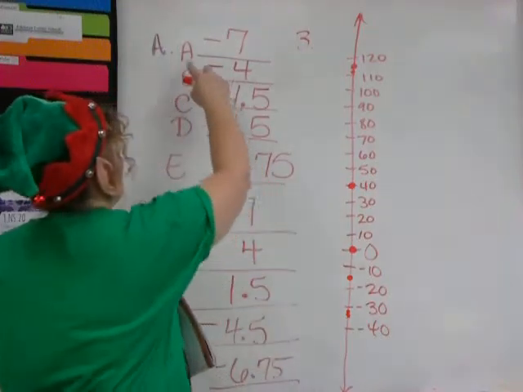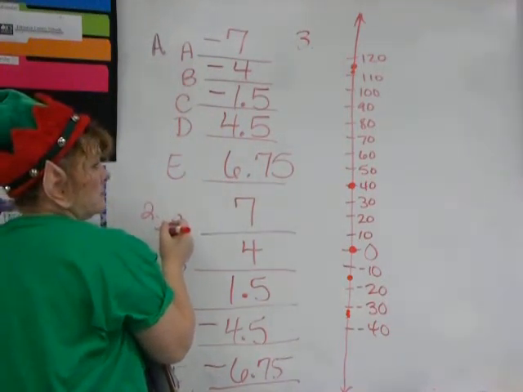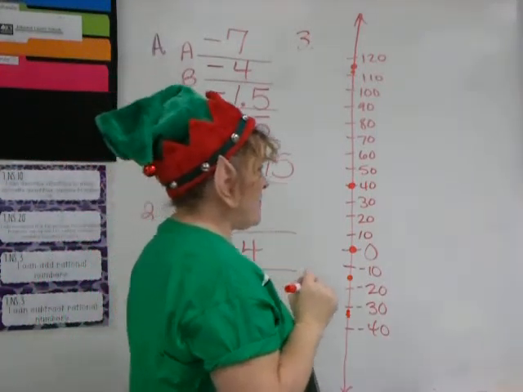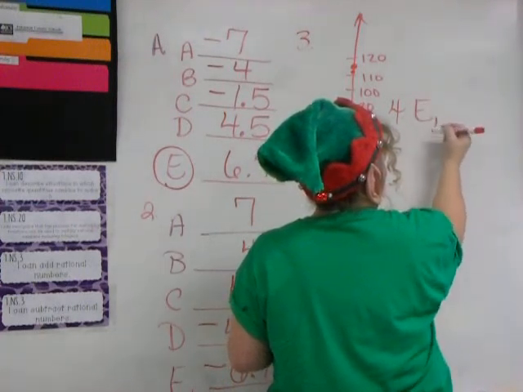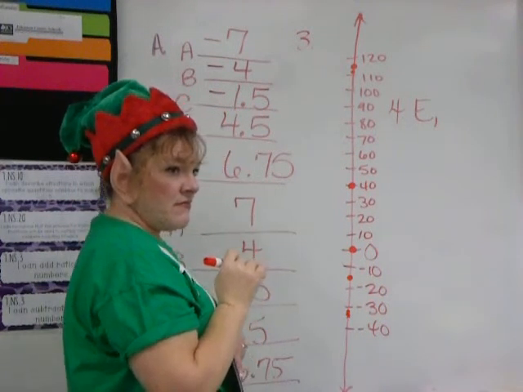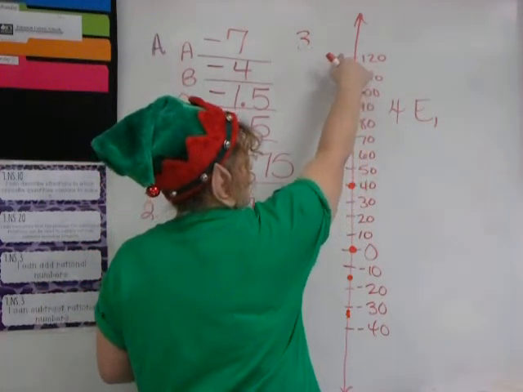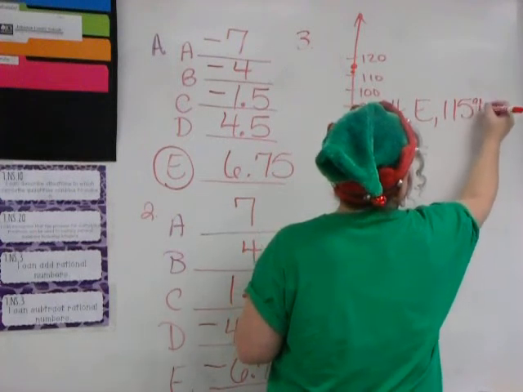On number 1, which number was greater? 6.75. So for number 4, E was greater in number 1. And which temperature was the greatest? 115 degrees Fahrenheit. Yeah.